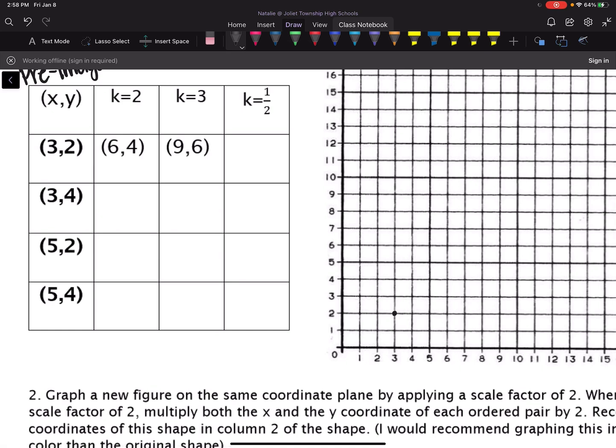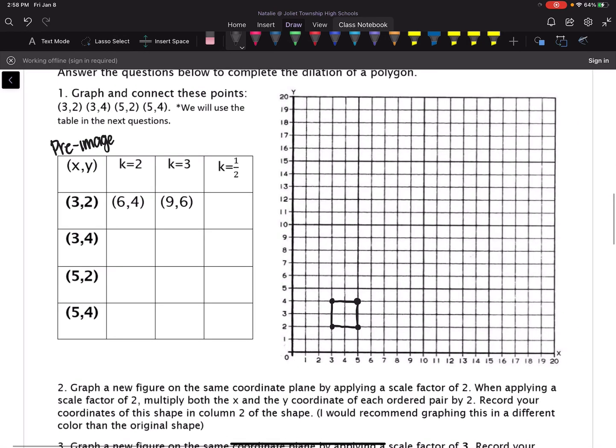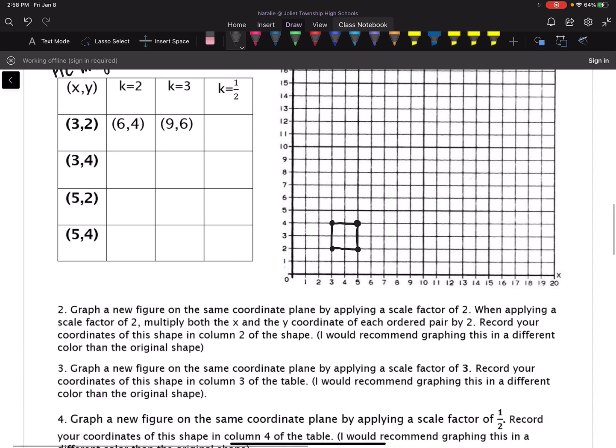I'm going to graph (3, 2), (3, 4), (5, 2), and (5, 4). The next questions ask us to calculate and graph the image using different scale factors here.